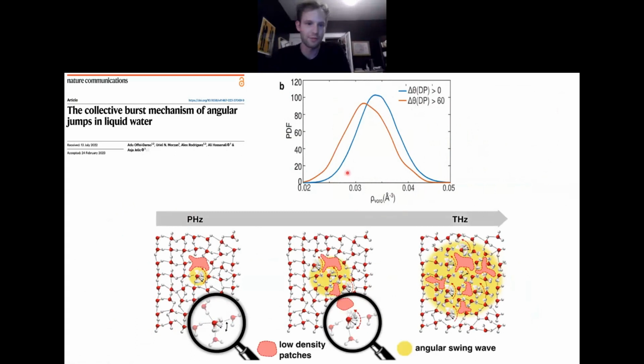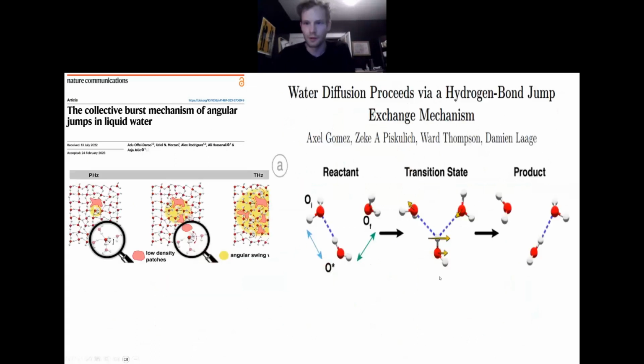So it kind of infers that at areas where there's low density or distortions in the ice crystal, or the water crystal rather, that's where these jumps occur. They then take this as the water diffusion proceeding via a hydrogen bond jump exchange mechanism, and again, these large angular jumps are how water moves through this kind of crystalline network.